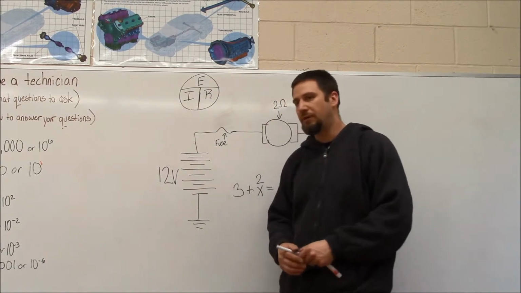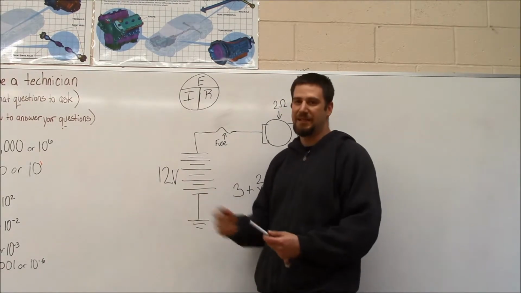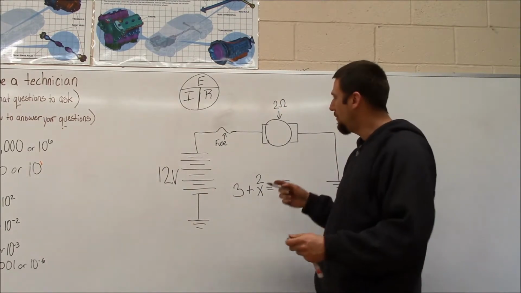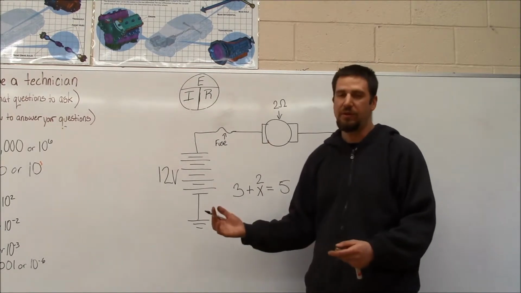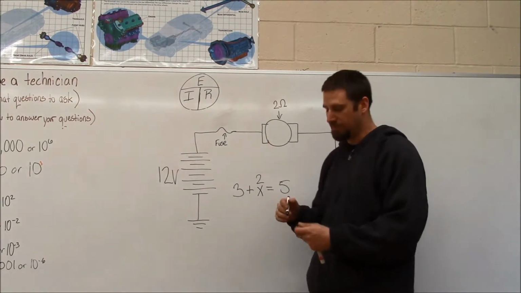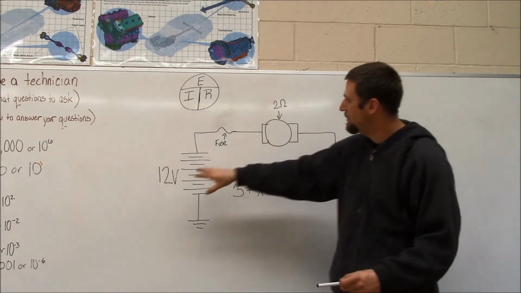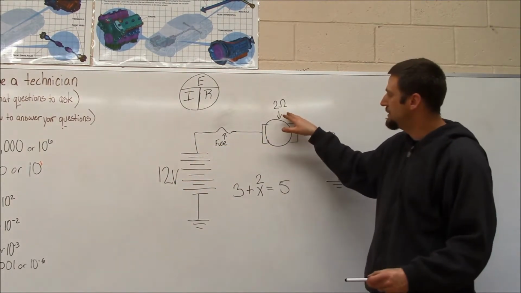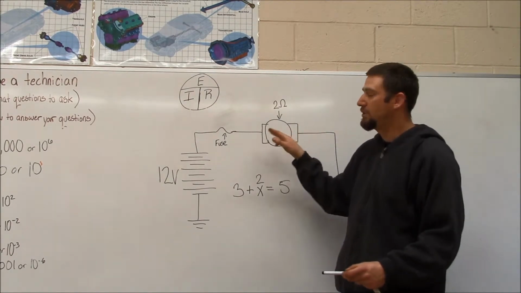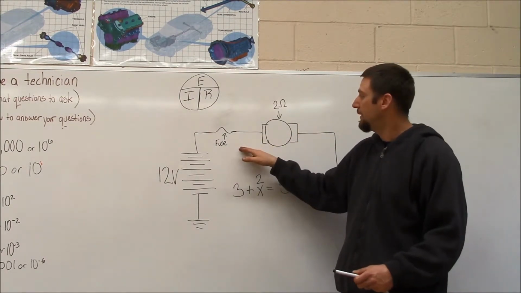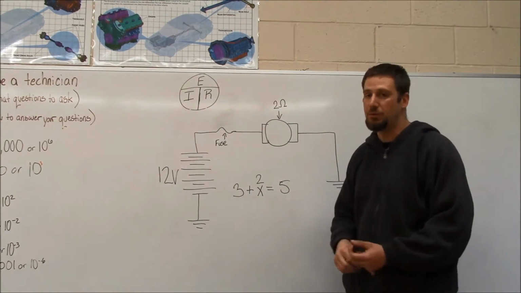Very rarely are we looking for voltage in a circuit because it's a given value. More often, we're looking for what's the current in the circuit or what's the resistance of the load. So we'll work with this circuit right here where we know the voltage and we know the resistance, and we'll calculate the current for this circuit so we have an idea on what it needs to be fused for.